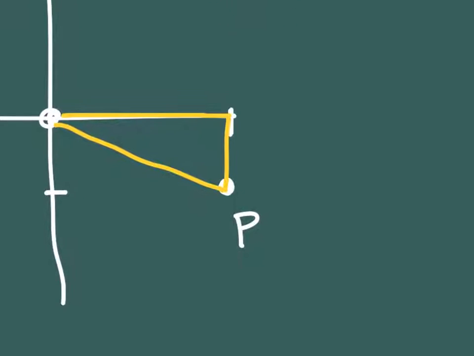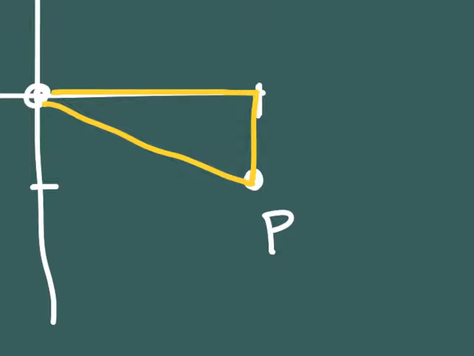So now we're going to label, and we know that this is 12, and it's positive, so it's on the right side. We know that the A value is negative 5 because it dropped down 5 units. And then I'm going to need Pythagorean theorem to help me figure out how long the C value is for the hypotenuse.